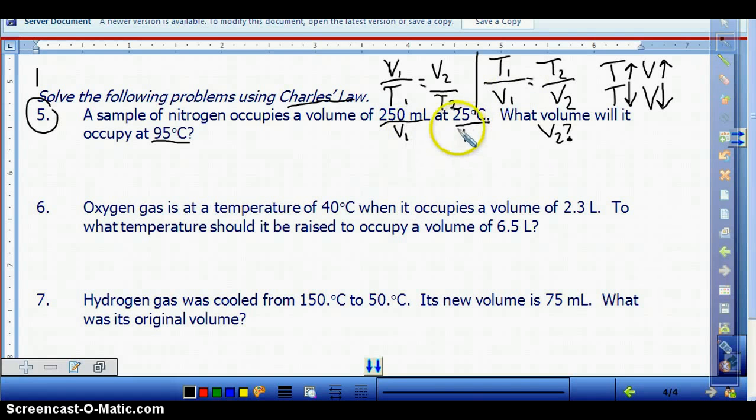Our first temperature is T1, and we see that it's in degrees Celsius, and we've talked about how temperature needs to be in Kelvin. To get Kelvin, you just take your Celsius temperature and add 273 to it. So the T1 we want to use is 25 plus 273, which is 298.